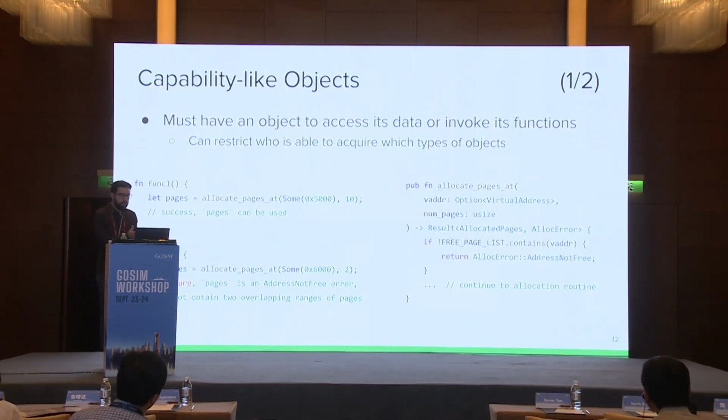And at that point, you have an error. You don't have a capability to the allocated pages that you requested, so you can't use them, right? And the way that we make sure that this works is, again, heavily simplified, but there's a free page list that basically is checked to make sure that those pages have not already been allocated. If they have been, then you cannot allocate them redundantly, right?